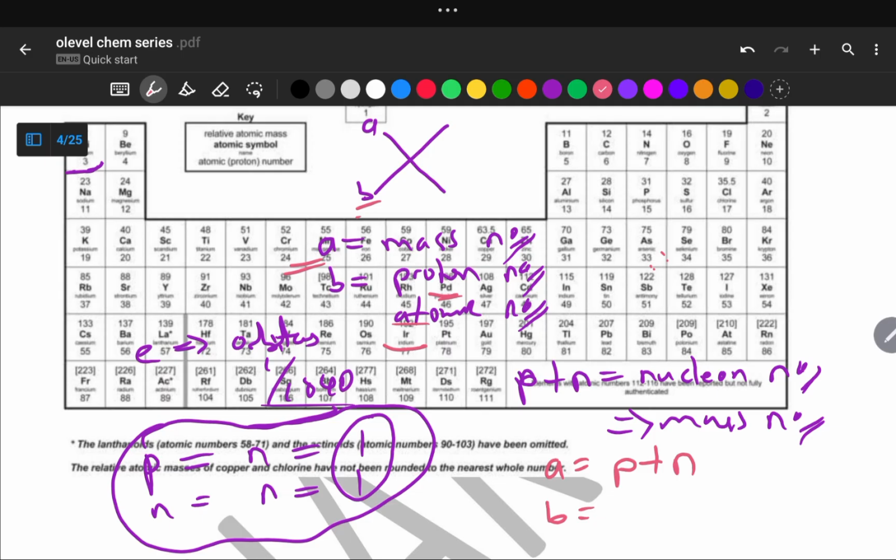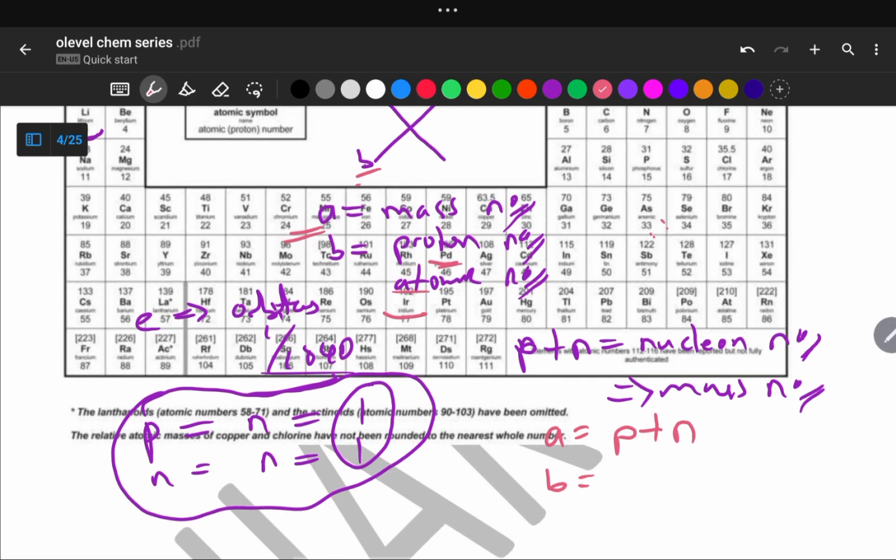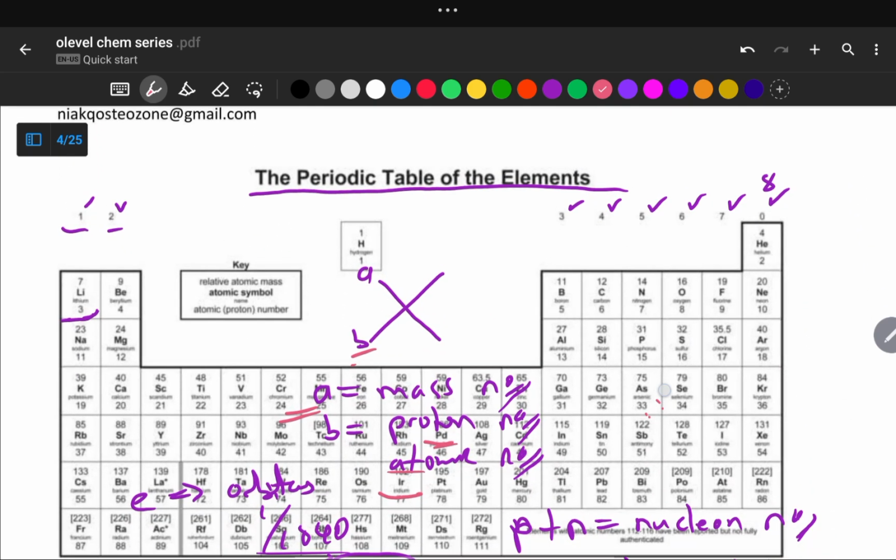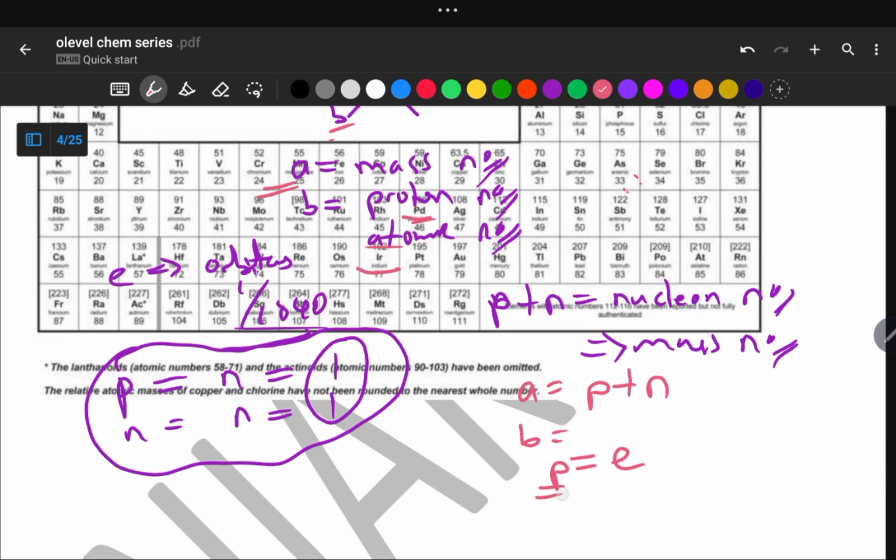So for a neutral atom, the number of protons is equal to the number of electrons, like what we have discussed, right? The number of protons is equal to the number of electrons for a neutral atom, the one which doesn't have any charge. So the charge of a proton is +1 and the charge of an electron is -1. If you have an equal number of +1s and -1s, we're going to have an overall charge of 0.